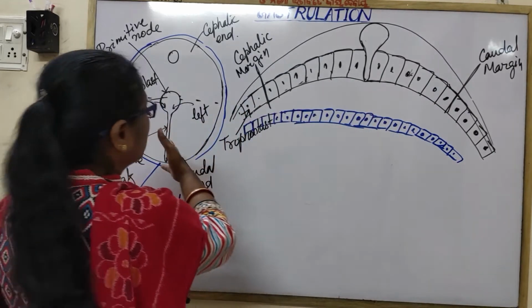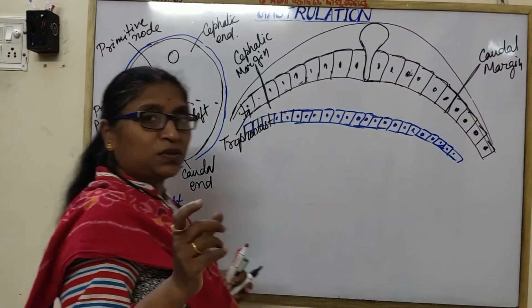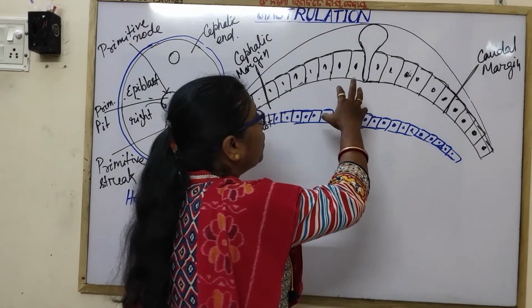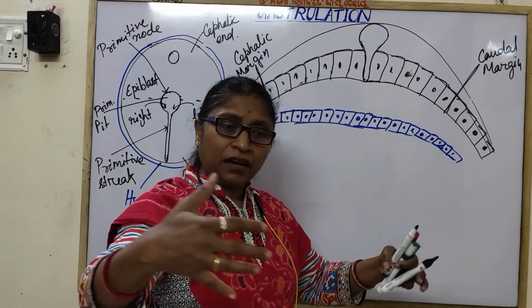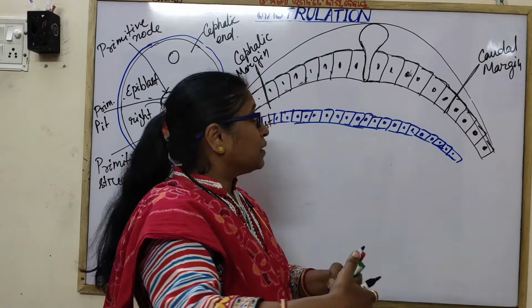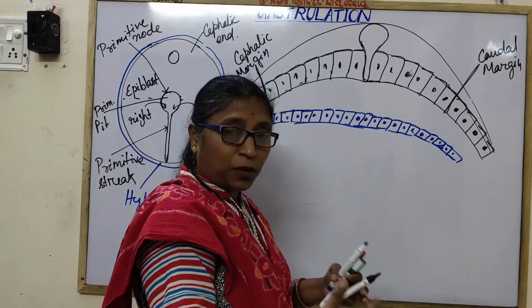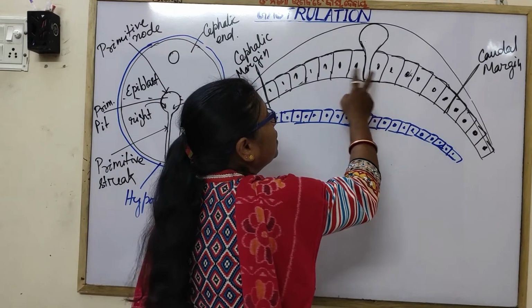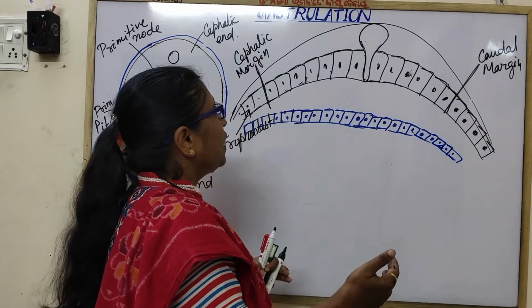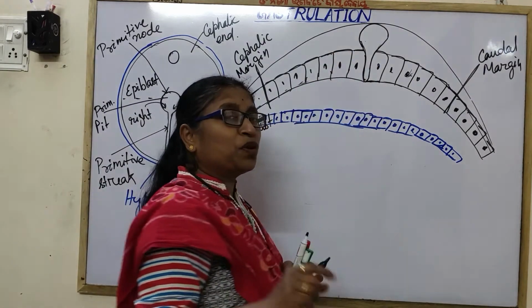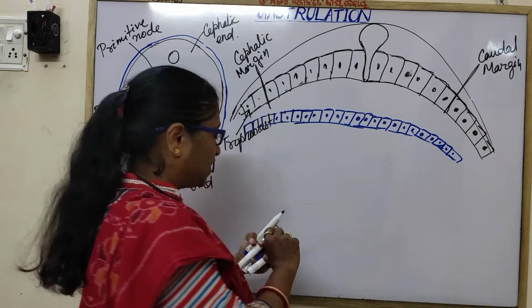As I told you, when the primitive streak is formed, what happens? The cells from the sides of the epiblast migrate and enter into the primitive groove. First they proliferate, they divide.